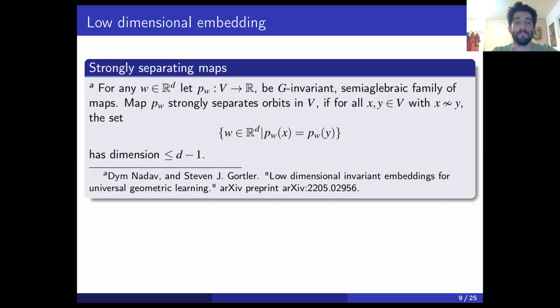And then we say PW strongly separates orbits.